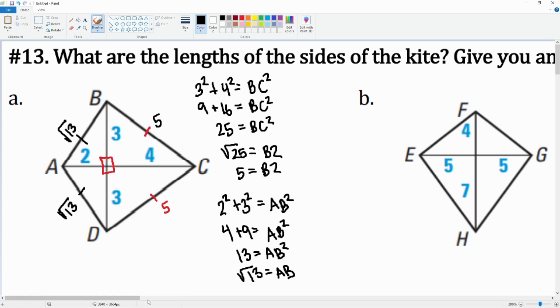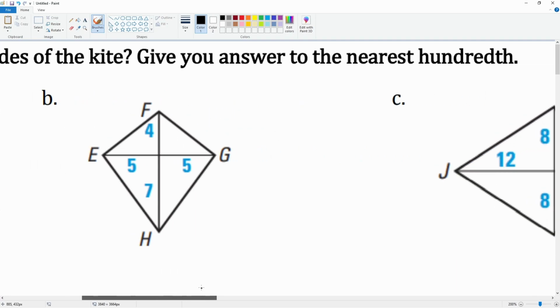Let's look at B now. Same process here. We know that line EF is congruent to line FG, and line EH is congruent to line GH.